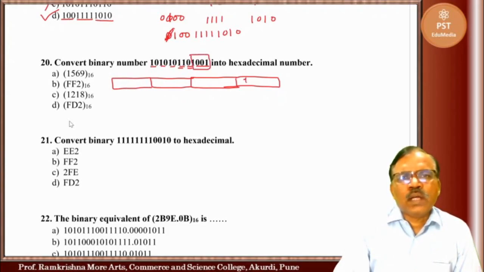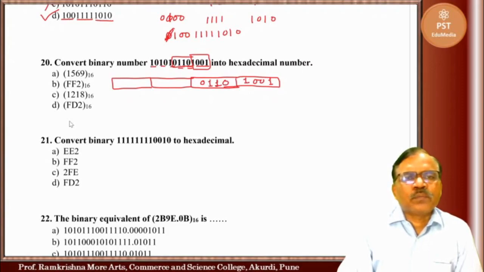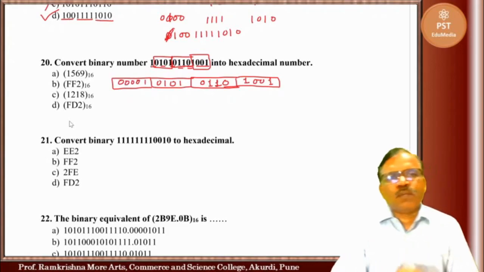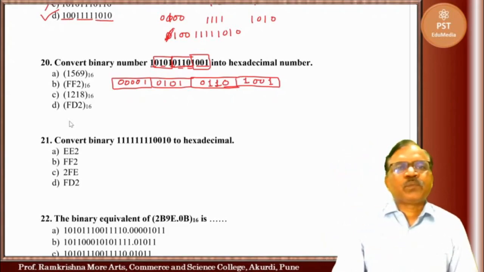So it is 1001. Then next 4, means these 4, 0110. Then next 4, 0101, and now 11. Now you can add here 00, no problem, leading zeros.